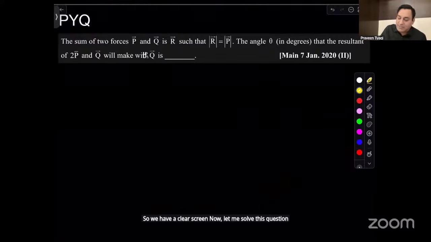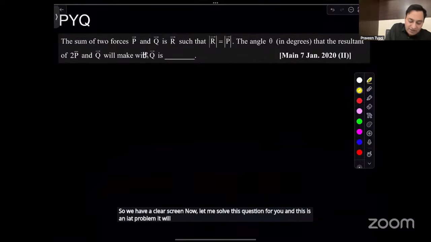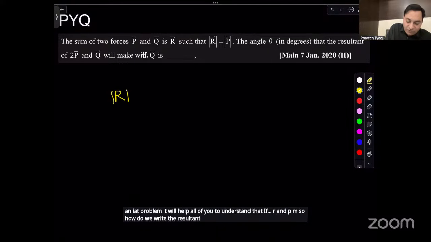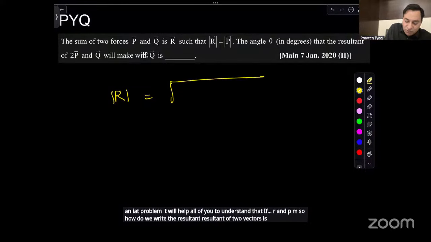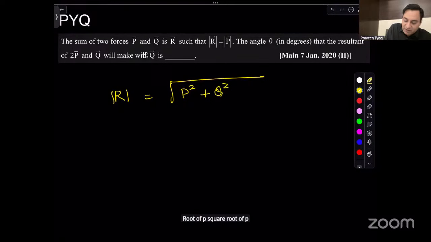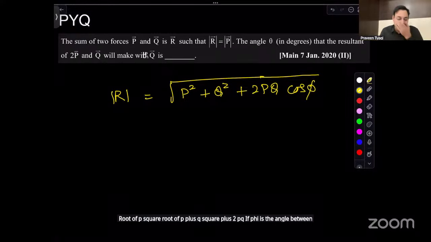And this is an IIT problem. It will help all of you to understand this. So how do we write the resultant? Resultant of two vectors is given by root of P square plus Q square plus 2PQ cos phi, if phi is the angle between the two vectors.